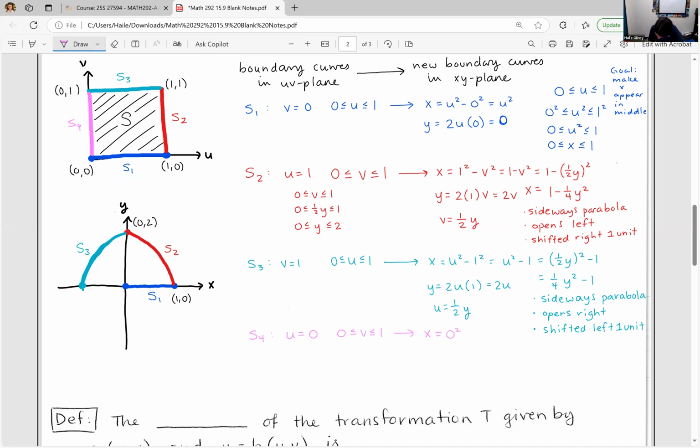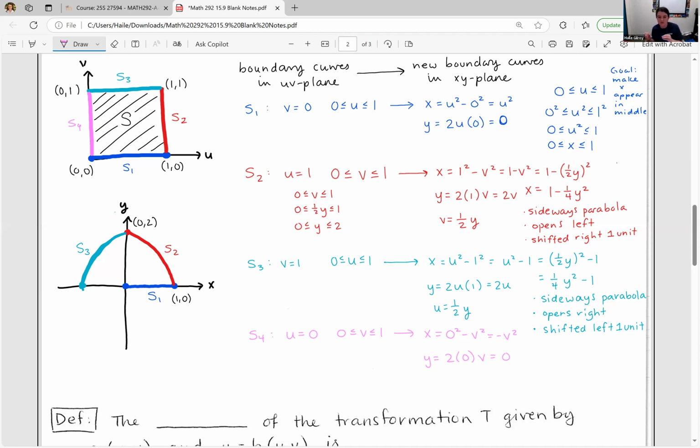So that's 0 squared minus v squared, which is just negative v squared. Y is equal to 2 times u, which is 0, times v, which is 0. So that's y. So let's bound x. We know that y always is 0, so this is going to lie along the x-axis.